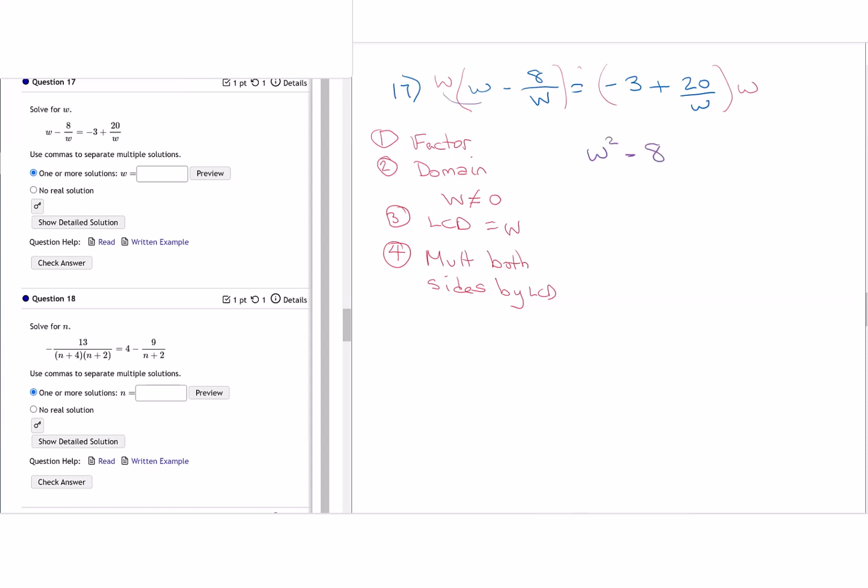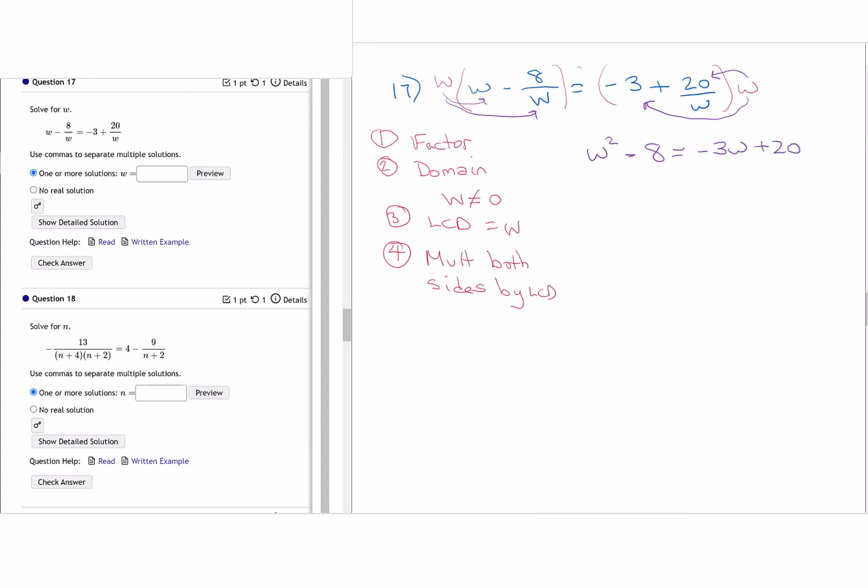This W is distributing to both terms. Instead of writing it out, I'm writing it like this. W times W is W squared, and then minus W times 8 over W is 8, equals minus 3W plus 20.